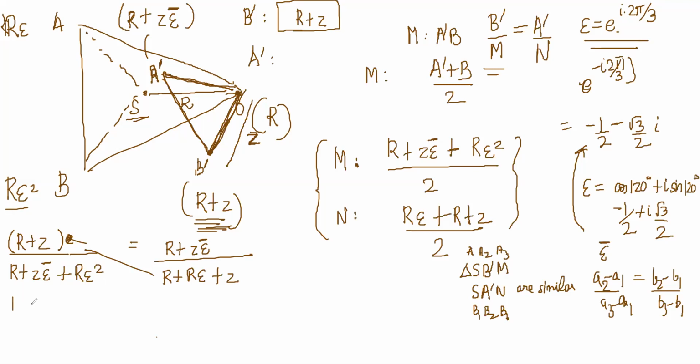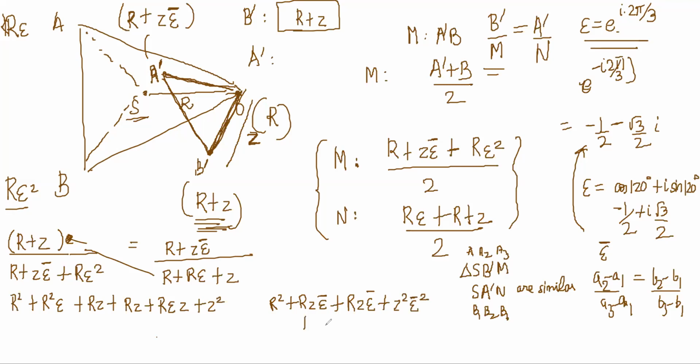R square plus R square epsilon plus RZ plus RZ plus R epsilon Z plus Z square, and this side the cross product is R square plus RZ epsilon conjugate plus RZ epsilon conjugate plus Z square epsilon conjugate square plus R square epsilon square plus RZ epsilon square epsilon conjugate, right?